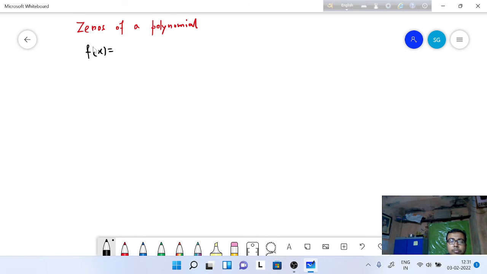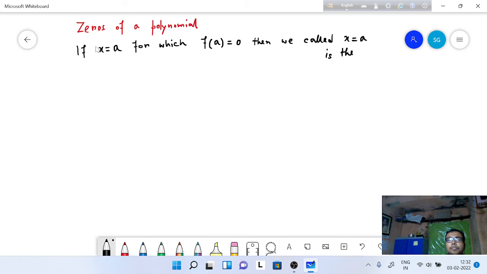Simply, if x equal to a is a value for which f of a equal to 0, then we call x equal to a the zero of the polynomial.